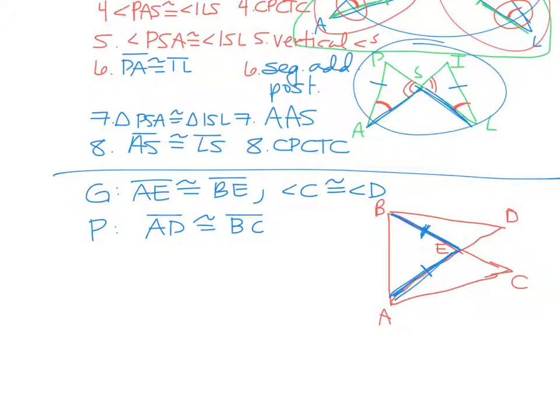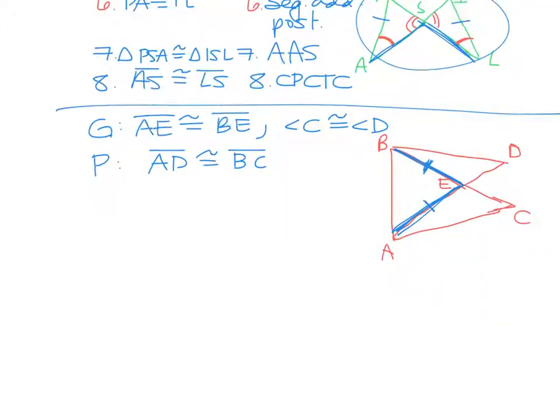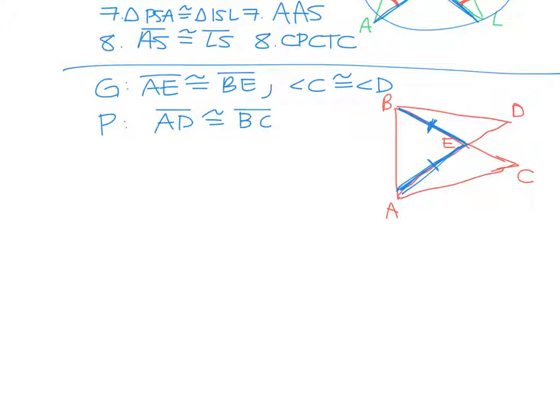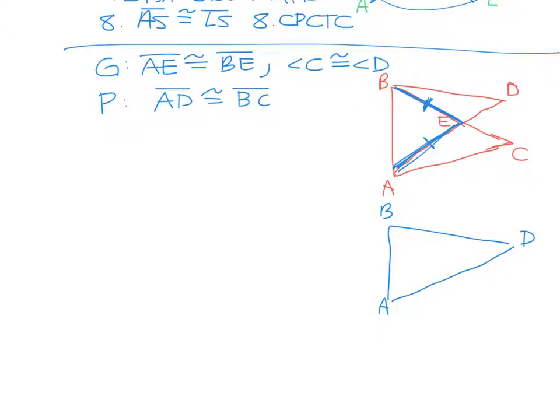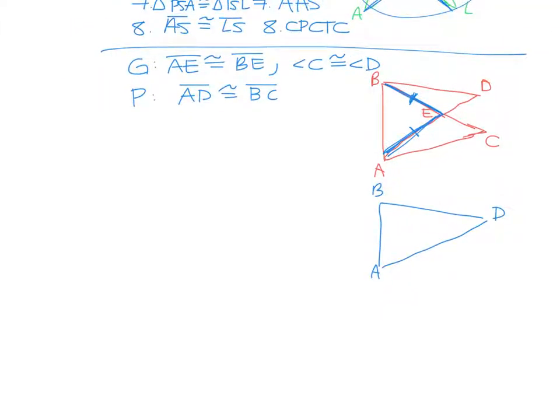So you can use that as part of your proof to say, well, let's draw the other two triangles real quick. So the two overlapping triangles we're going to draw are these. This is D, B, A. And this is B, A, C.